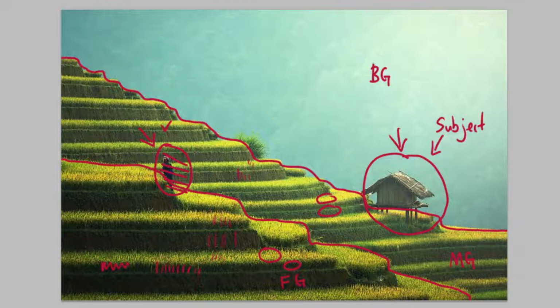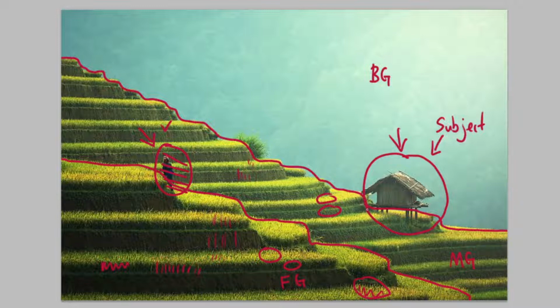So for example, for this foreground, you have 4 steps here, or 3 if you don't count this, 4 if you do. So your midground has to have more than 4 steps.